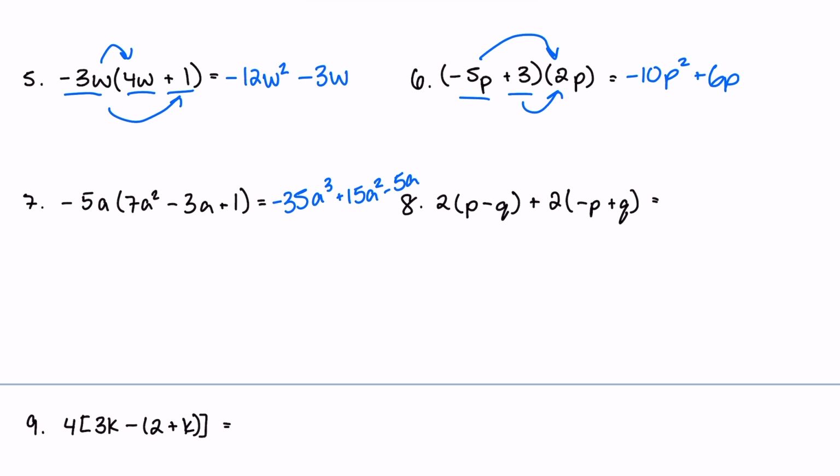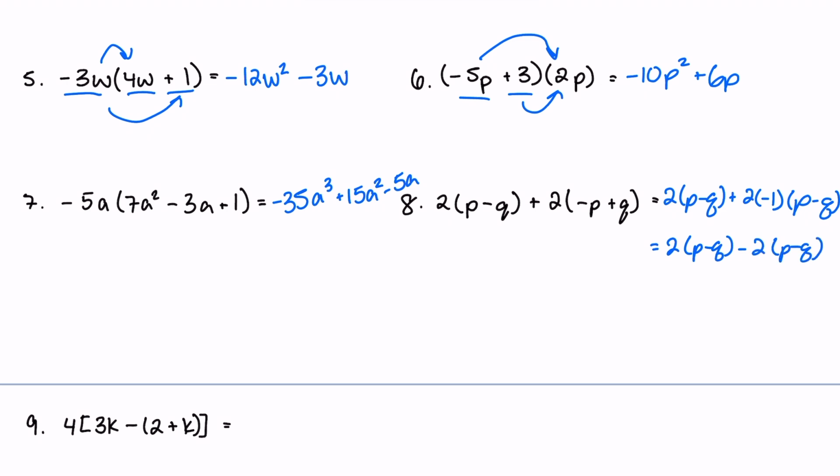Another way you could solve this is by factoring. So if you notice that a negative 1 can be factored out of this expression, you could actually rewrite this as 2 times p minus q plus 2 times negative 1 times p minus q. And that's because we factored out this negative 1. So that means you have to divide every term inside this bracket by negative 1. So that's how we got this expression, which then simplifies to 2p minus q minus 2p minus q.